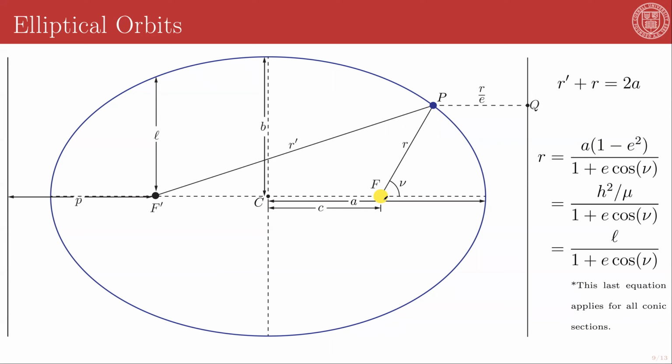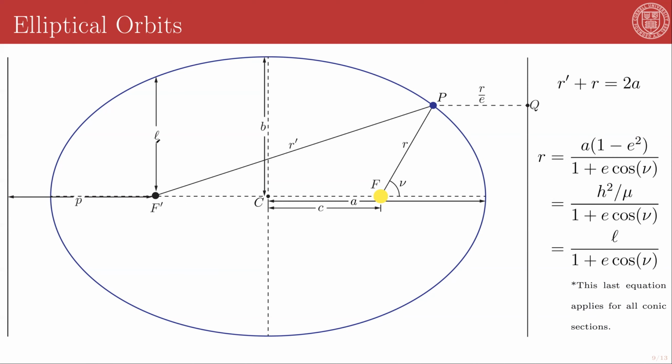So we will call the filled focus F, that is where the central body of our orbital system lies, what we previously called point O, or the coordinate origin of the perifocal frame. And we will call the point F' the vacant focus. It is the other focus of the conic section that is geometrically special, but has no physical significance in the two-body system. It is just a piece of geometry.